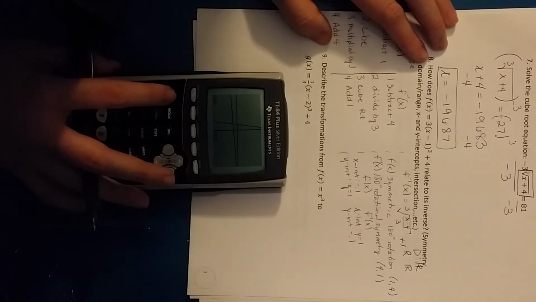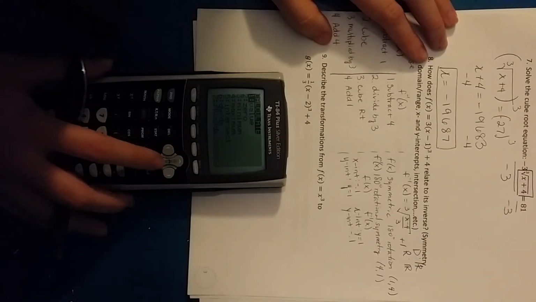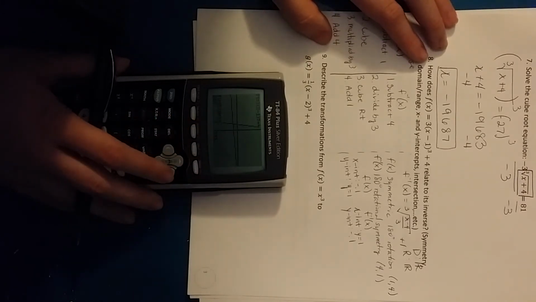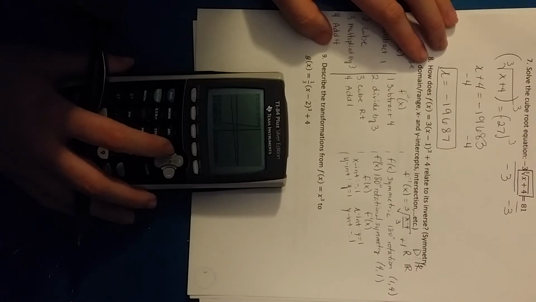So I'm going to do second calc, number 5, intersection, enter. So the first curve, see if I can find my cursor somewhere. I'm way off on the right. I need negative x's so I can see my cursor.